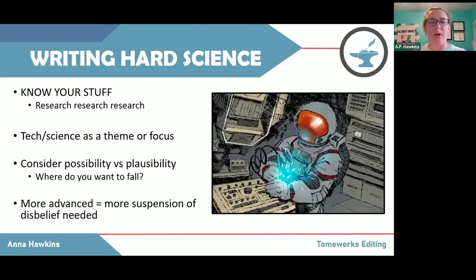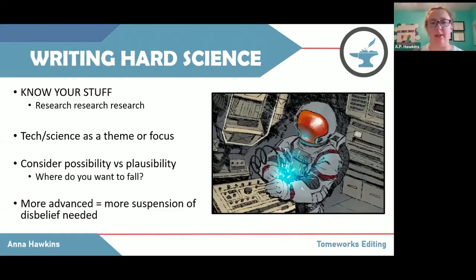If you're working with only technology that is possible, then you're going to be a little bit more limited in terms of the type of story you can tell, or how far into the future you can go, because you have to work within the realm of technology that we know is possible. Versus plausible, you can be a little bit more loosey-goosey. You can go a little bit further into the future and imagine technologies that are a little bit different, but you kind of need to decide where you want to fall on that scale.